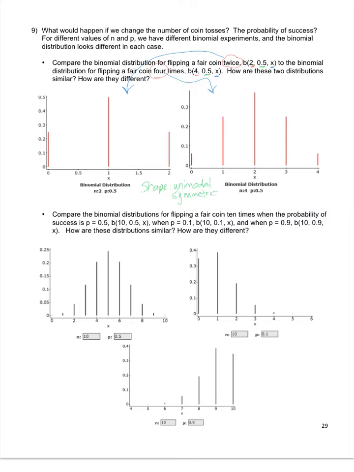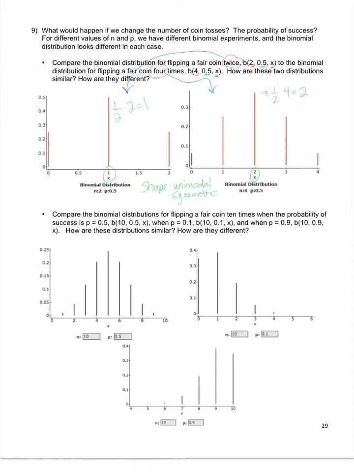The centers are different. The center here is at 1. Here the center is at 2. Some of you may notice, though, that the center is half of the number of outcomes. Same thing here. The center is at half the number of outcomes. So they're similar in that regard.